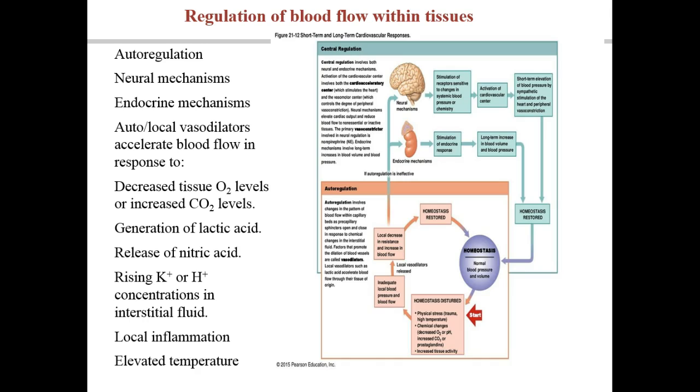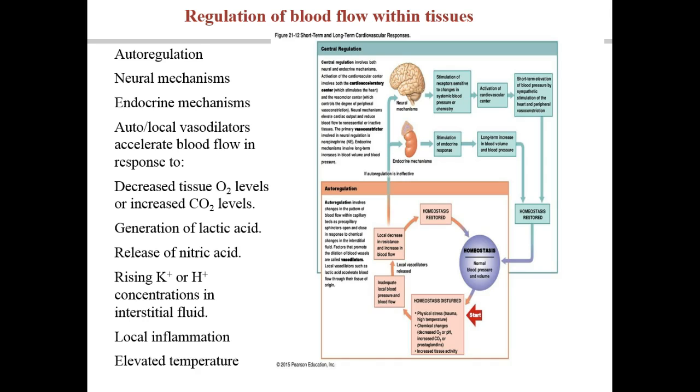If there's a generation of lactic acid, which is a byproduct of anaerobic respiration, that would be a buildup of a waste product. Nitric acid, rising potassium or acidity of areas will affect concentrations in interstitial fluid.